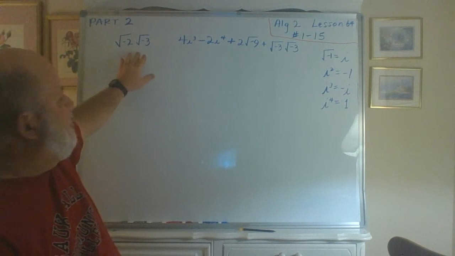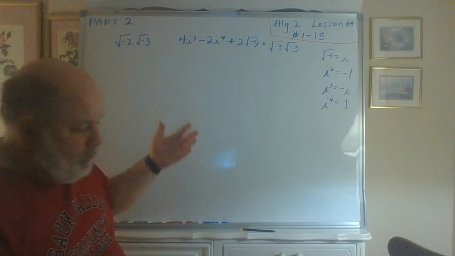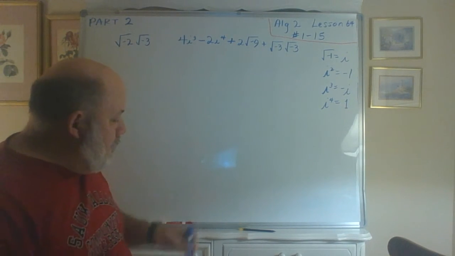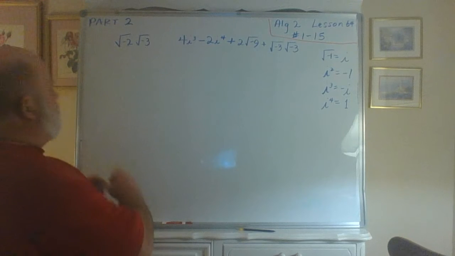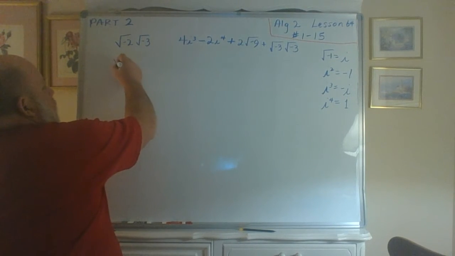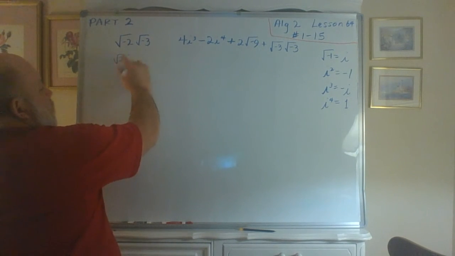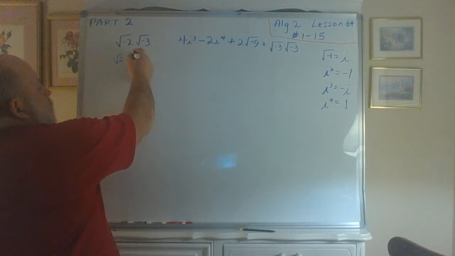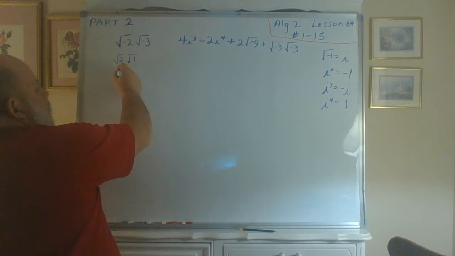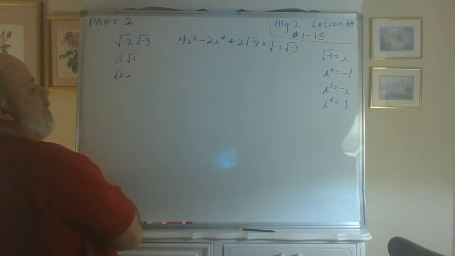So we've actually done this one before, but by way of review. You can think of this as the square root of 2 times the square root of -1, and the square root of -1 is i.